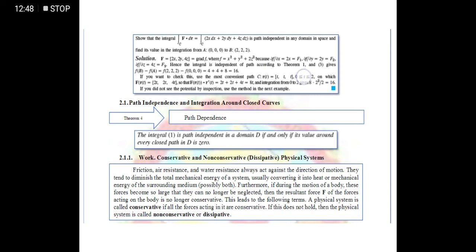Then partial of f with respect to z, kung i-derive natin to siya, ang mangyayari is 4z. Therefore, satisfied na yung condition natin. So, ibig sabihin nun, itong integral na to is path independent.